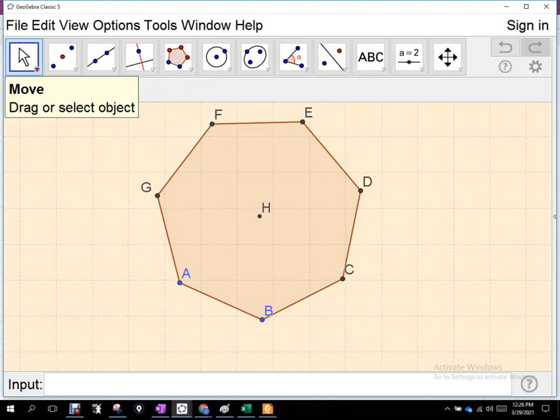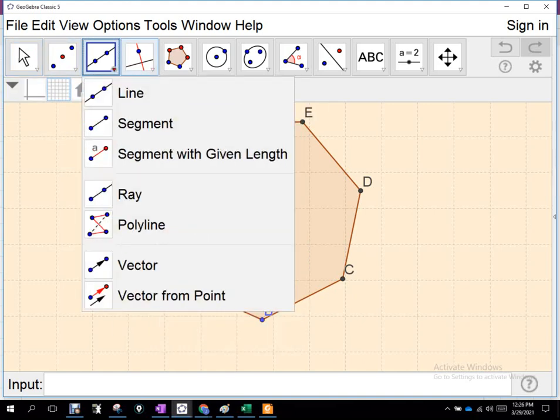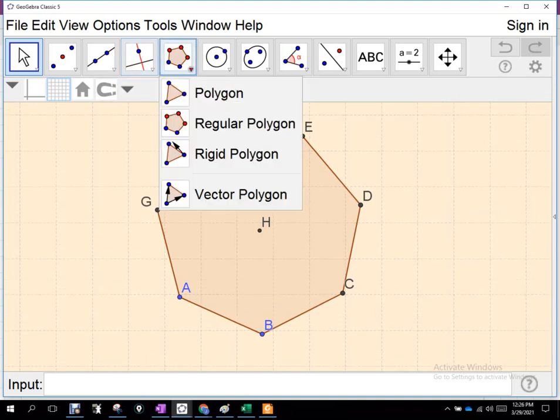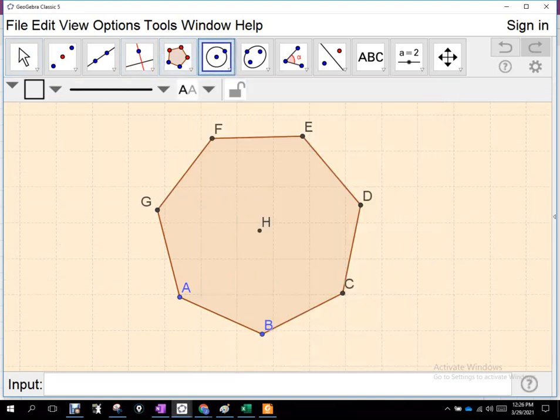Now it's going to be a little bit difficult with an odd number of vertices here to actually find that center by some of the tools that we have at our disposal right now. But if I draw the circle that starts at H and passes through D, then it also passes through E, F, G, A, B, and C. Does that make sense?